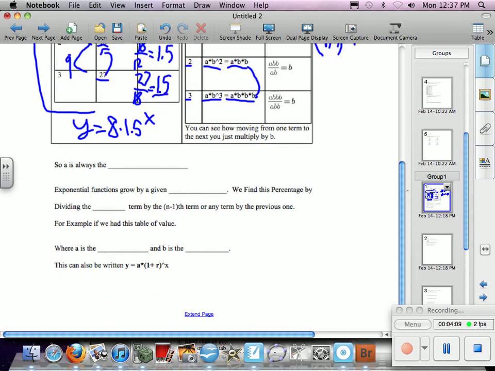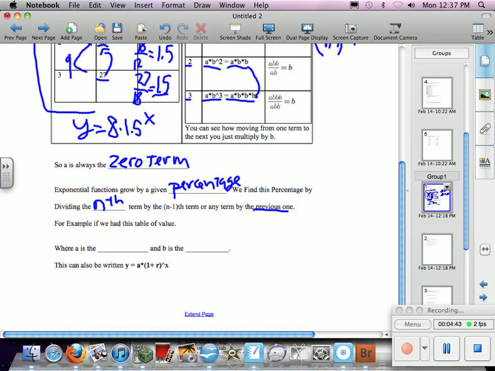So we know that a is always the 0 term. So when I plug in 0, I will get a. And exponential functions grow by a given percentage. And we find this percentage by dividing the current term, or the nth term, by the n minus 1th term, or any term by the previous one.